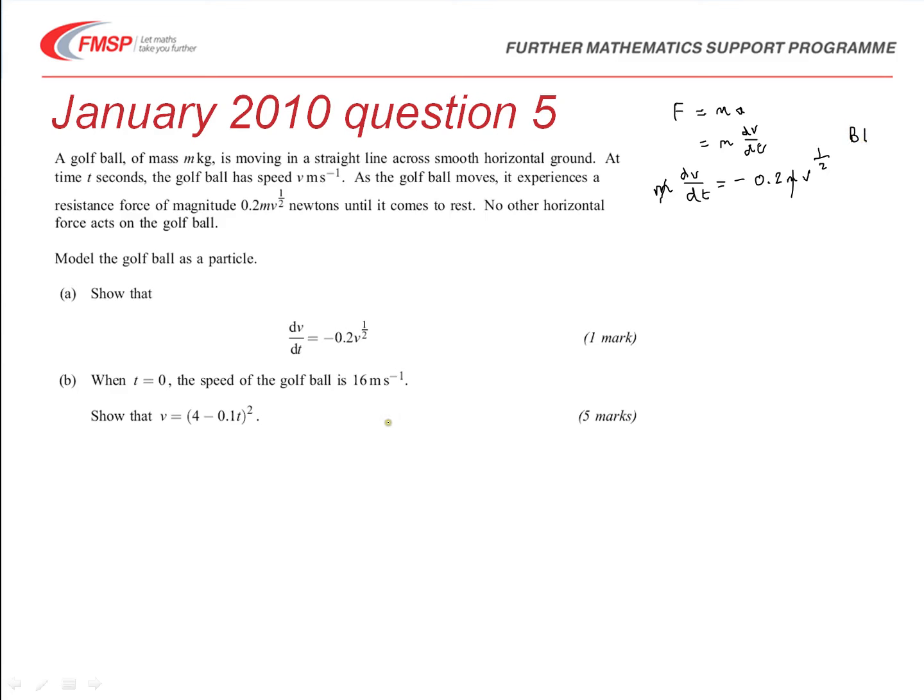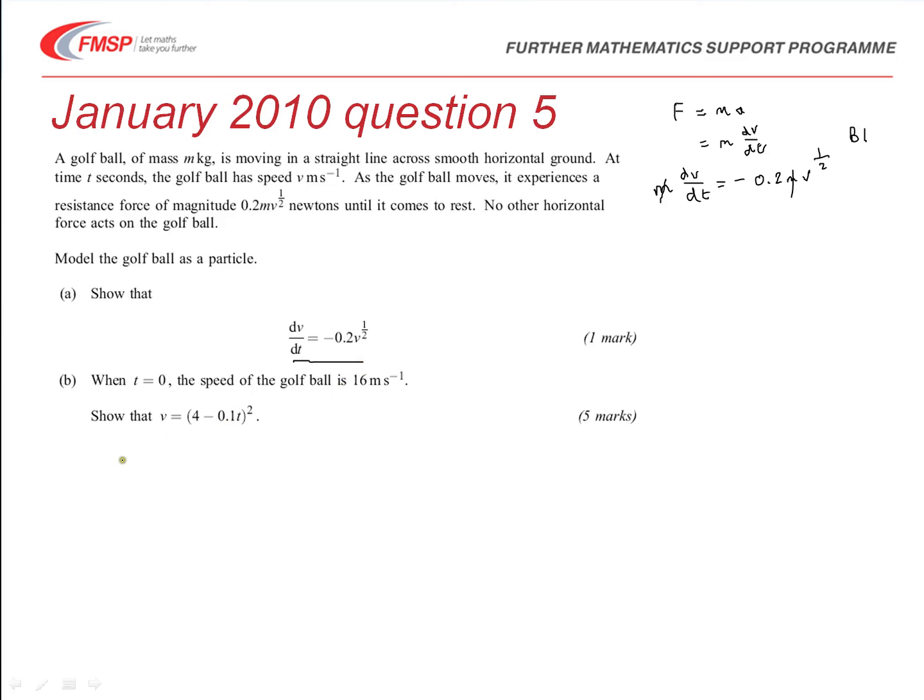In the next part of the question, we've been told that when t is 0, the speed of the ball is 16 meters per second. We've got to show this expression for v. So that will mean taking this result in part A, and by separating the variables we can integrate the expression.